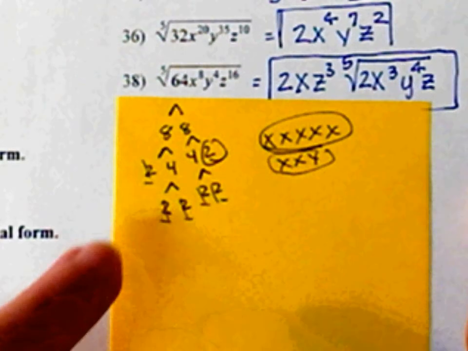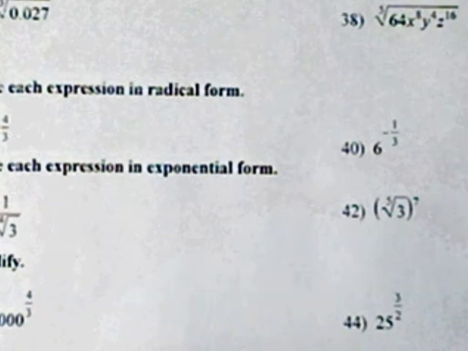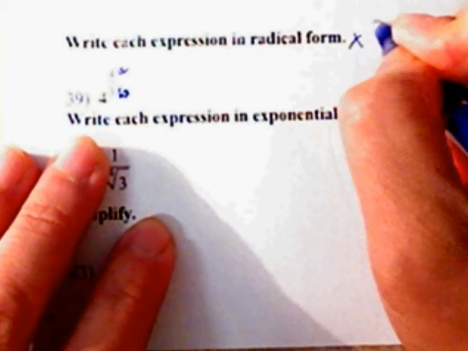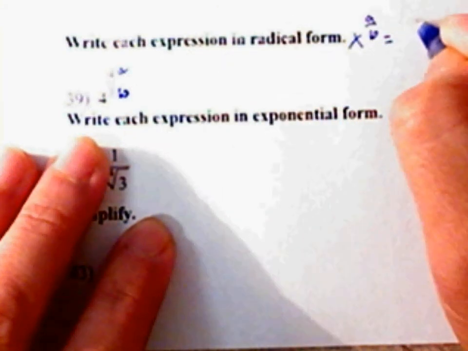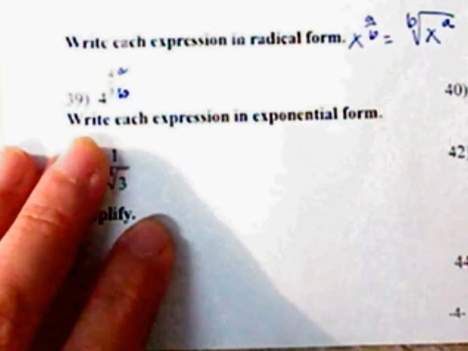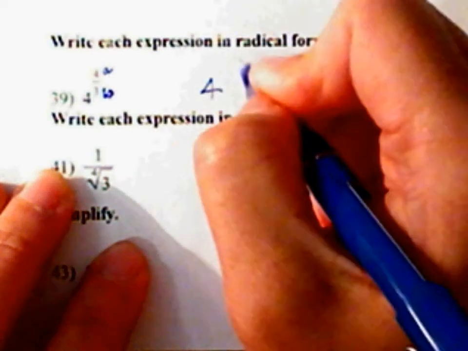Okay. All right. Number 39, you are to write it in radical form. This is your A, this is your B, okay? Remember, it goes x to the A over B, so you have x to the a, there's your radical, and your b is your root. So keep that in mind. So you got a 4 to the 4th power, cube root of 3.